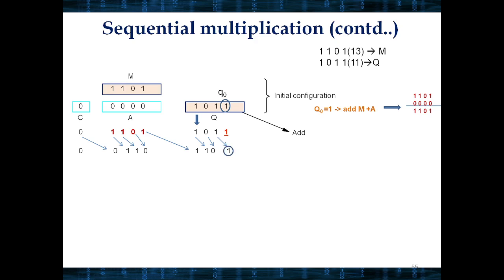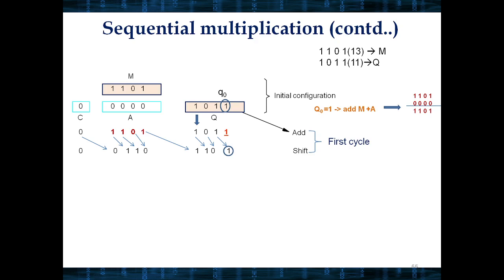The last value in Q0, that is 1, in red color, becomes a carry out bit, so that will be ignored. This is the shift right operation. Addition and shift combined give the partial product for the first stage. This is the first cycle.